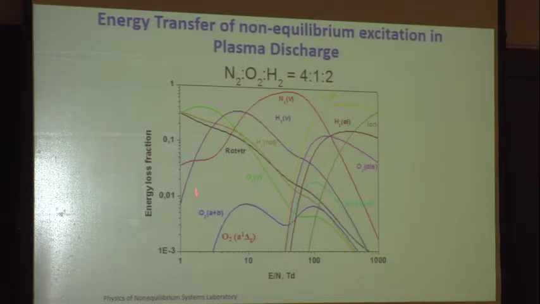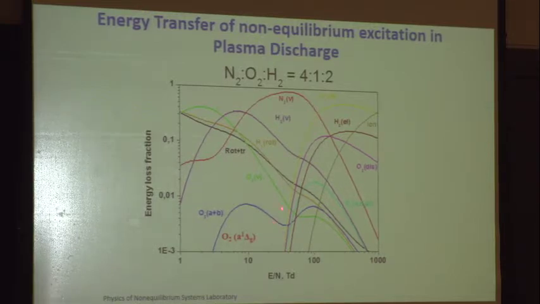At 1 Townsend, you can vibrationally excite oxygen. At 10 Townsend, it is one order of magnitude smaller, right? If you want to design a plasma reactor to vibrationally excite oxygen, you don't want this high electric field. You want to choose something lower.